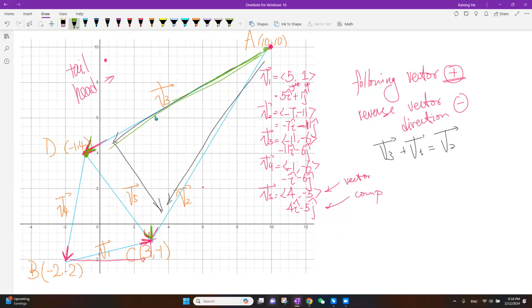I went from A to D along vector number 3, D to C along vector number 5. That means my net travel just went from A to C. So based on this path, this is my regular path, and the red one, vector number 2, is my net.